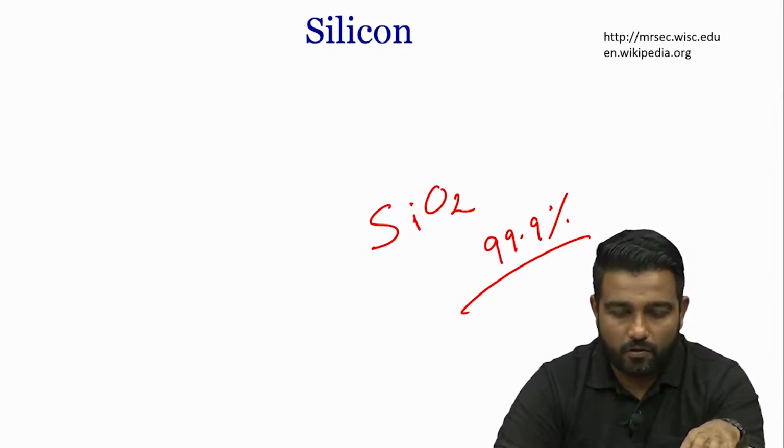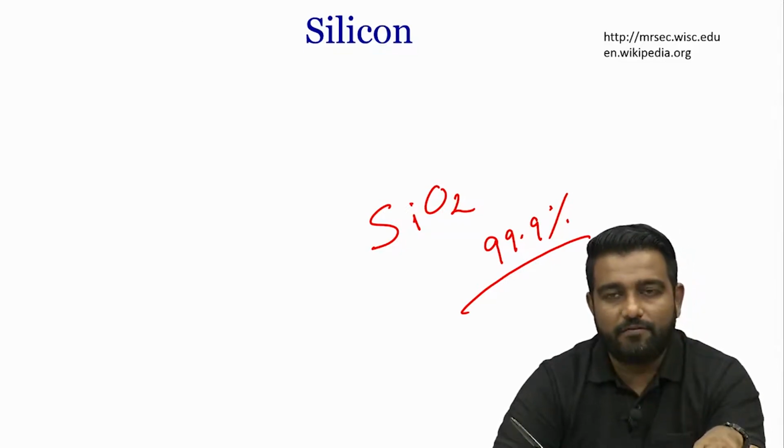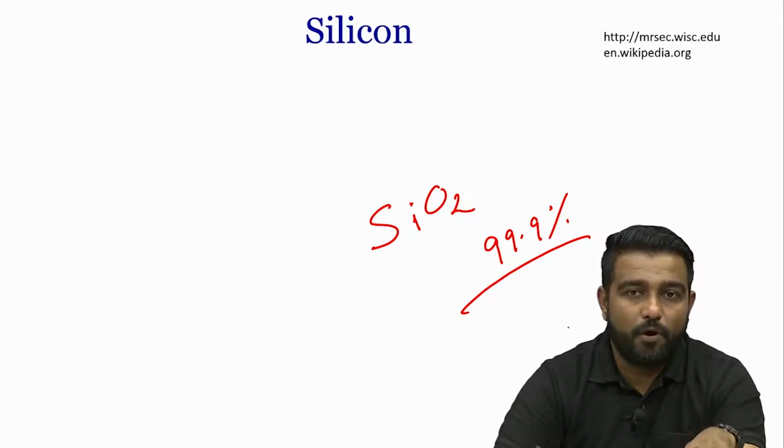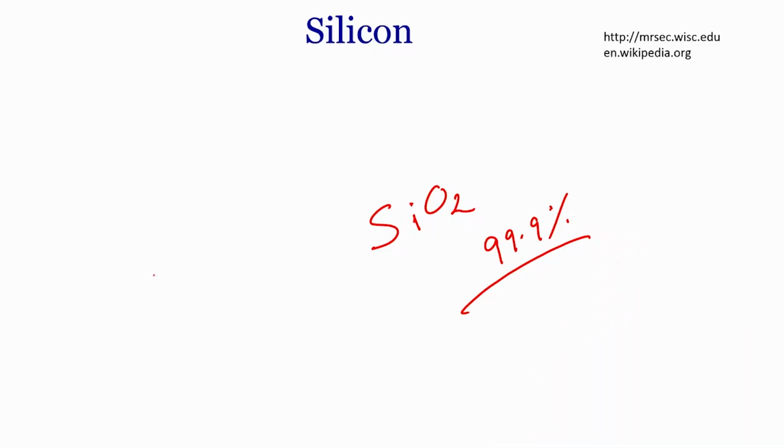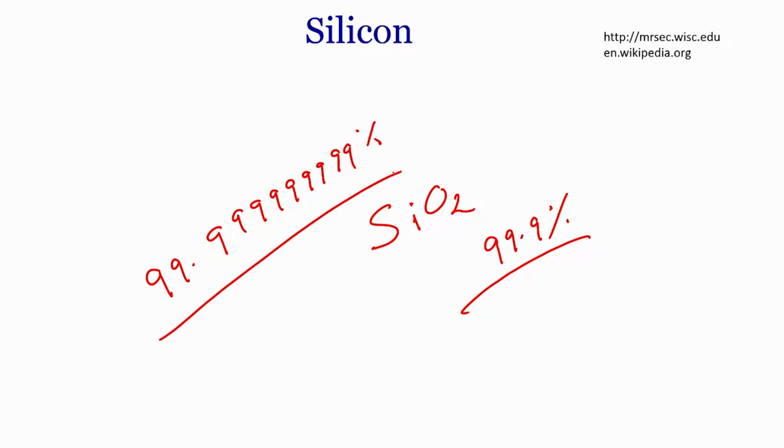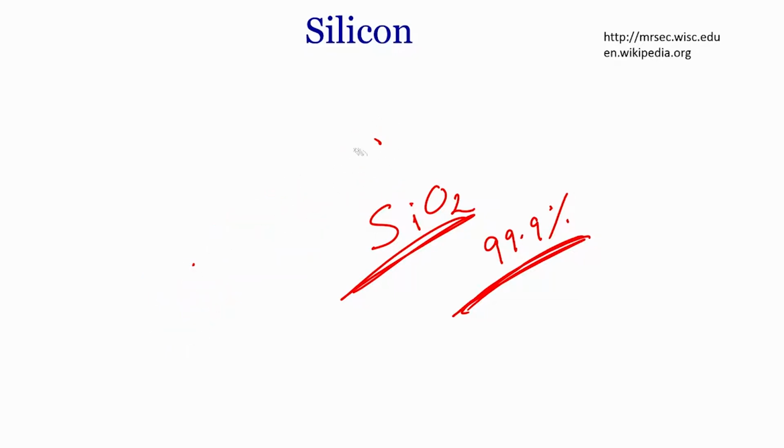The final wafer that we have has a purity of 99.9 followed by nine nines, 1, 2, 3, 4, 5, 6, 7, 8 and 9. This is the purity of the silicon wafer that we obtain from silicon dioxide, which is 99.9% pure. There are silicon foundries which fabricate the silicon wafer from the silicon dioxide material.